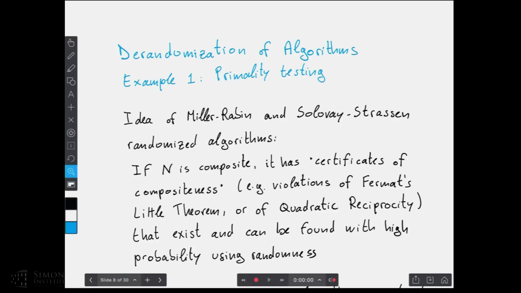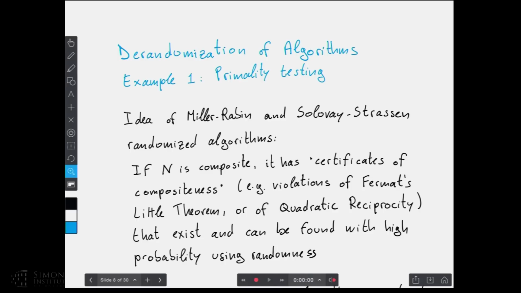Somewhat similarly, we have something that we know exists with high probability, but we want to construct it deterministically. So actually, we still don't know, though maybe it's not such an important problem anymore, how to find Solovay-Strassen or Miller-Rabin certificates of compositeness for composite numbers.